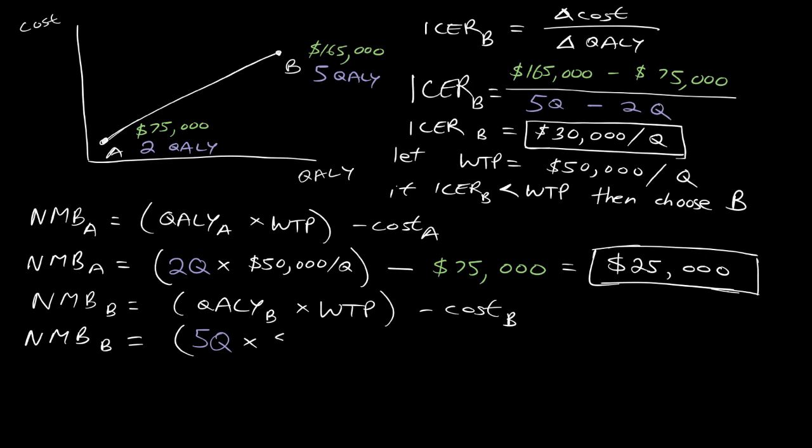The willingness to pay, we just let equal $50,000 per quality. That's a convention, society's dollar value of a year of life. Subtract the cost of B, which we said is $165,000.